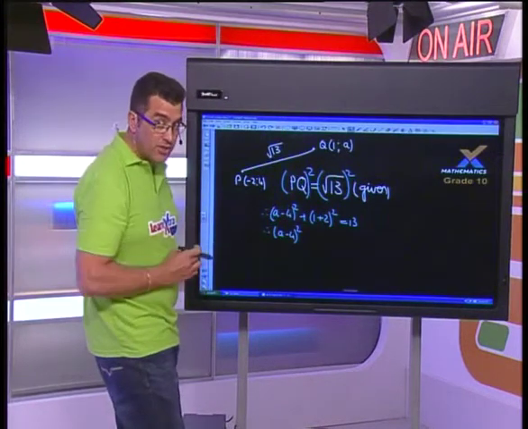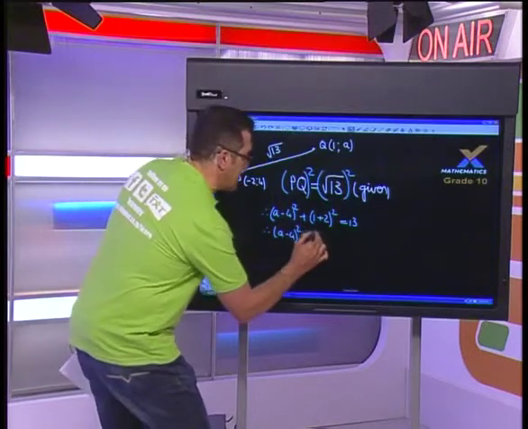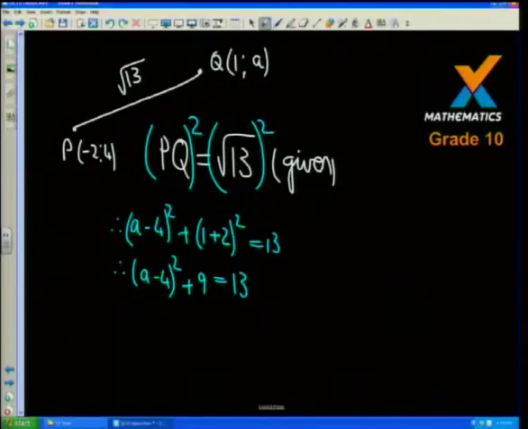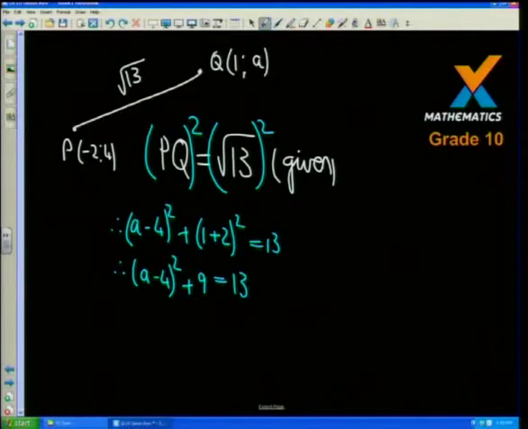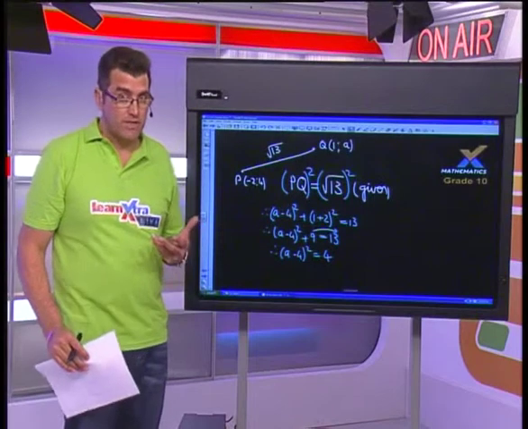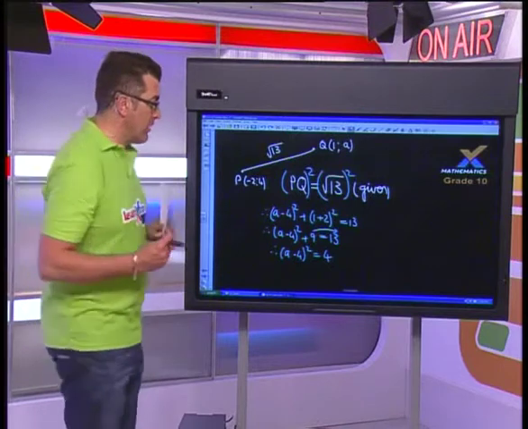Because it's 3 squared. So it's plus 9 equals 13. Now look at the poetry here. The 9 is going to jump over the equal sign. It's going to become 13 minus 9. So I will end up on both sides of this equation with a squared number. And even if there wasn't a squared number, if that was 7, it's easier to say the root of 7 when I square root both sides.